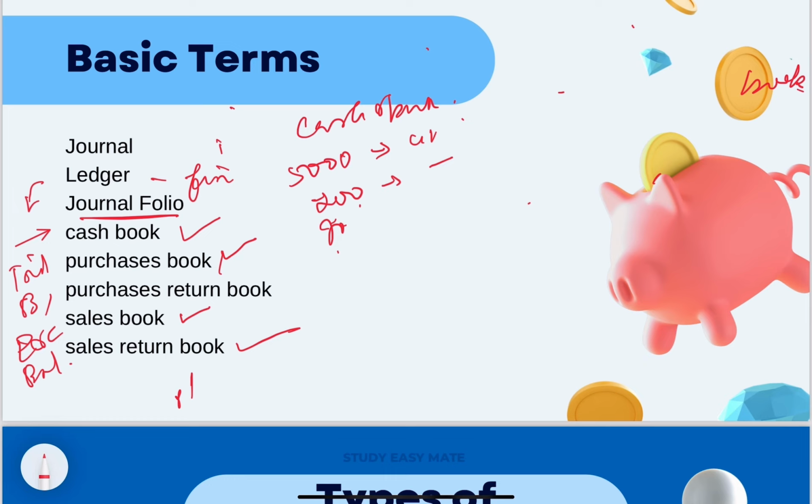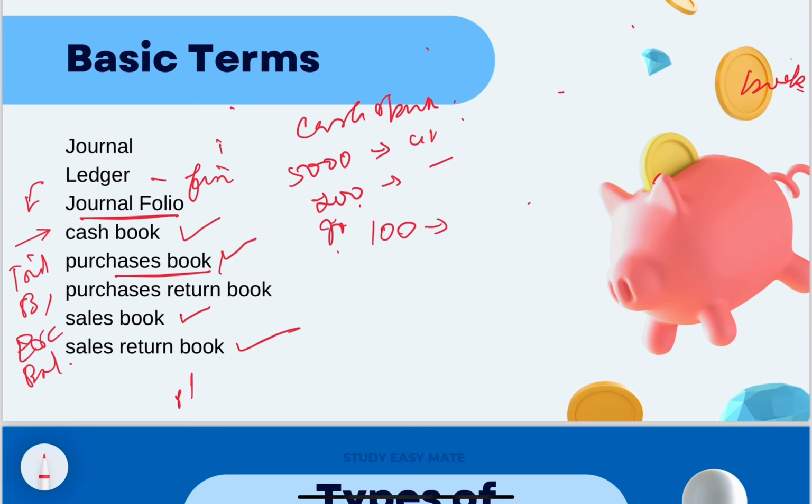The next would be the purchases journal or the purchase book. It records only credit purchases of goods, not cash purchases or assets. For example, you buy 100 pencils on credit from a stationery shop, and you record it here.